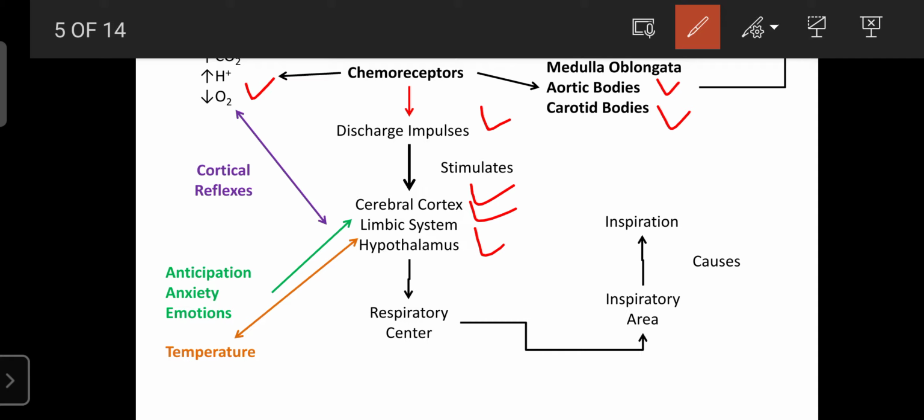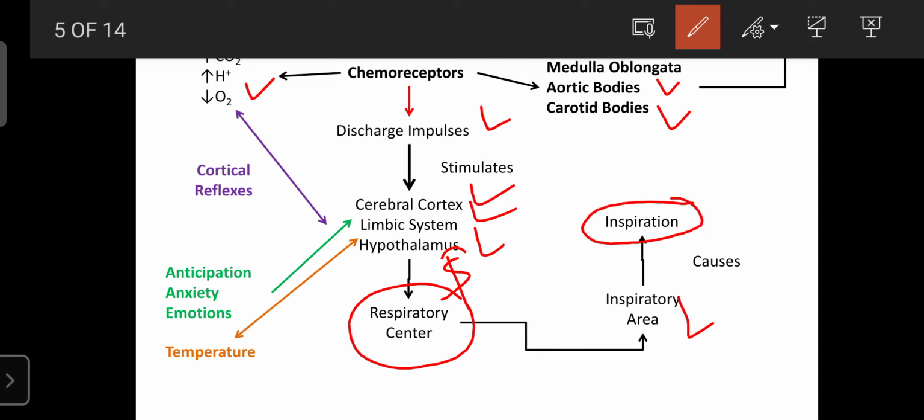Further, these parts of the brain send stimulatory information to the medulla oblongata, or respiratory center. Then the respiratory center stimulates the inspiratory area, and inspiration occurs.